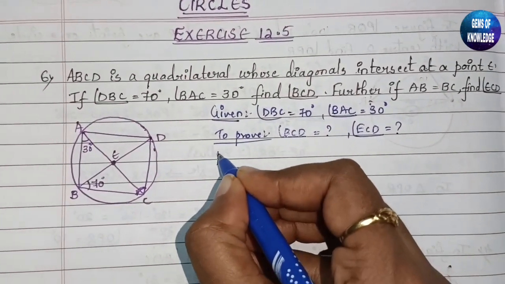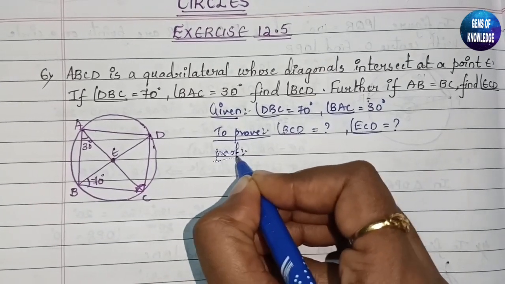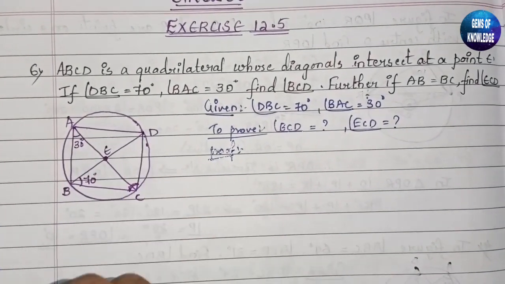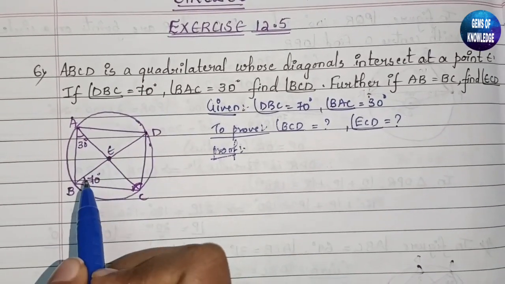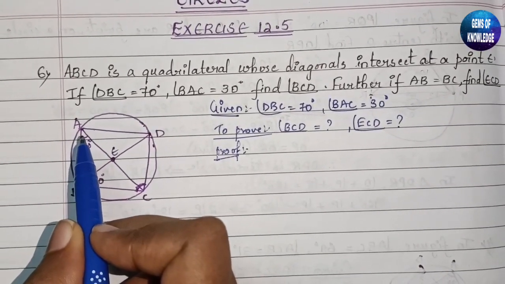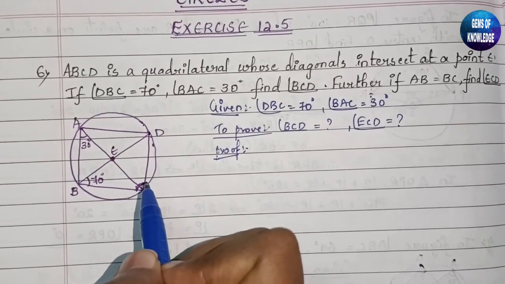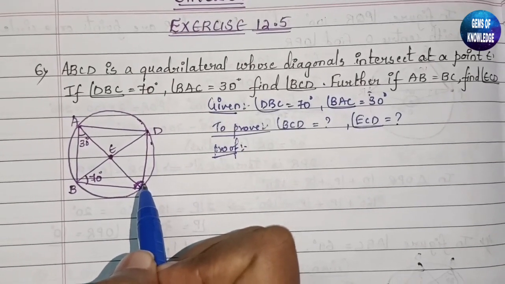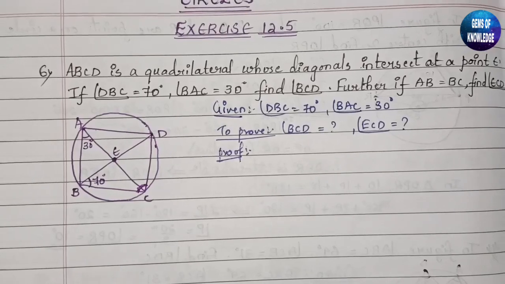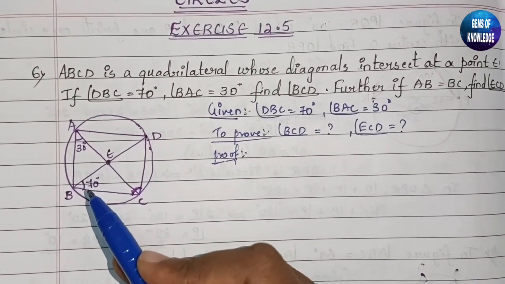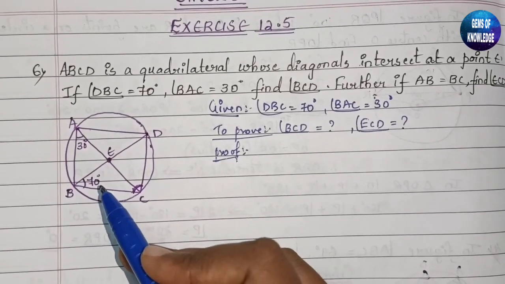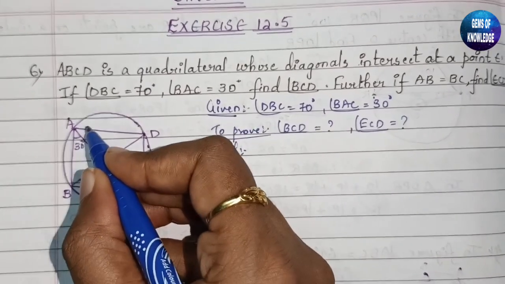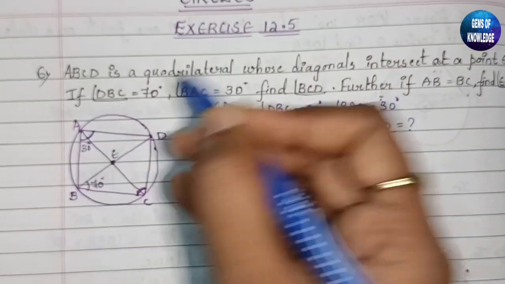Then we will start the proof. We know that ABCD is a quadrilateral. In the quadrilateral they have already told us this is 70 degrees and this is 30 degrees. We need to find this complete angle. Here they have given that angle DBC is 70 degrees. If this is 70 degrees, what will be this angle?